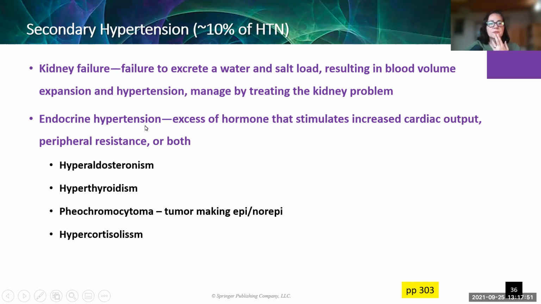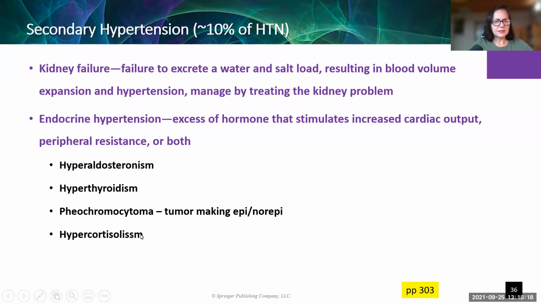And then there are some identified endocrine disorders, a variety of different kinds that lead to increased cardiac output or peripheral resistance, or both things, like hyperaldosteronism, hyperthyroidism, pheochromocytoma. These are tumors that are making epinephrine and norepinephrine.